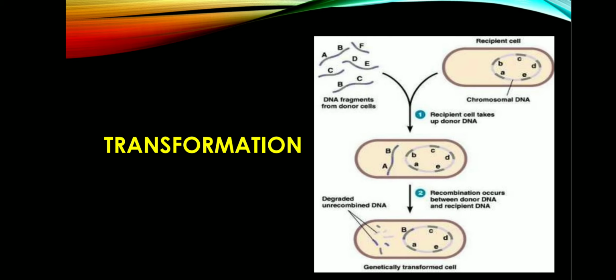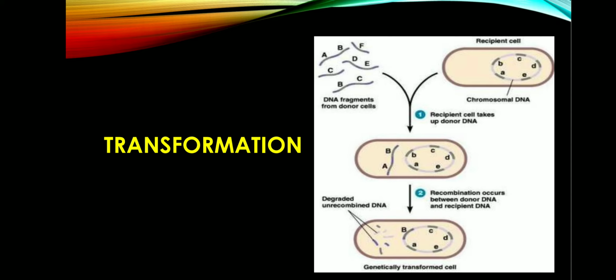In transformation, a naked cellular DNA is taken from the surrounding medium, which then becomes incorporated into the cell. If there is a naked DNA in the neighboring cell, it gets incorporated into the cell. This is a very random process. All of this, the conjugation, transduction, and transformation, is a very random process wherein recombination is achieved.